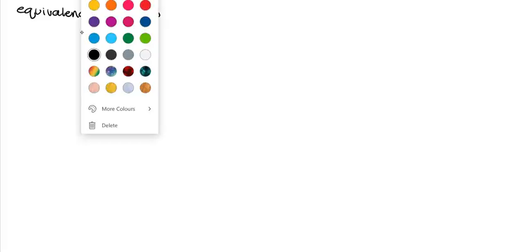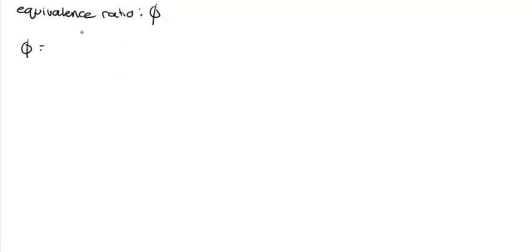Okay, so now we are going to move on and talk about the equivalence ratio, which is denoted by the symbol phi. The equivalence ratio is commonly used to indicate quantitatively whether a fuel oxidizer mixture is fuel rich, fuel lean, or stoichiometric. We can write out this relation as follows. We say phi is equal to AF with the stoichiometric air-fuel ratio over AF with the actual air-fuel ratio.